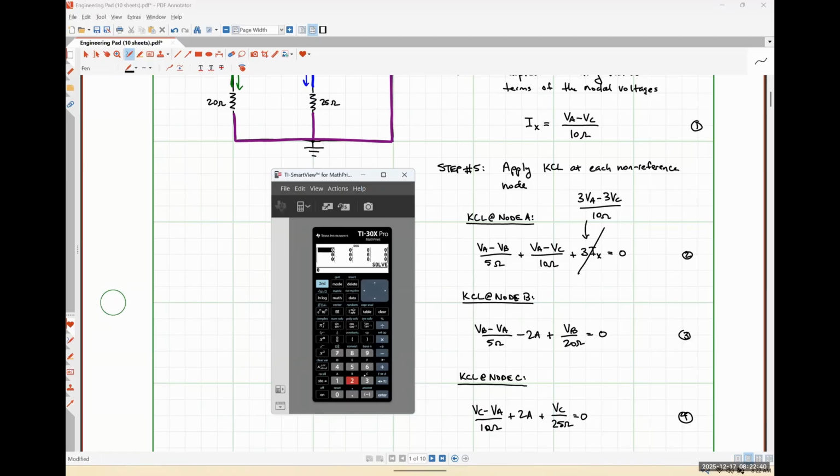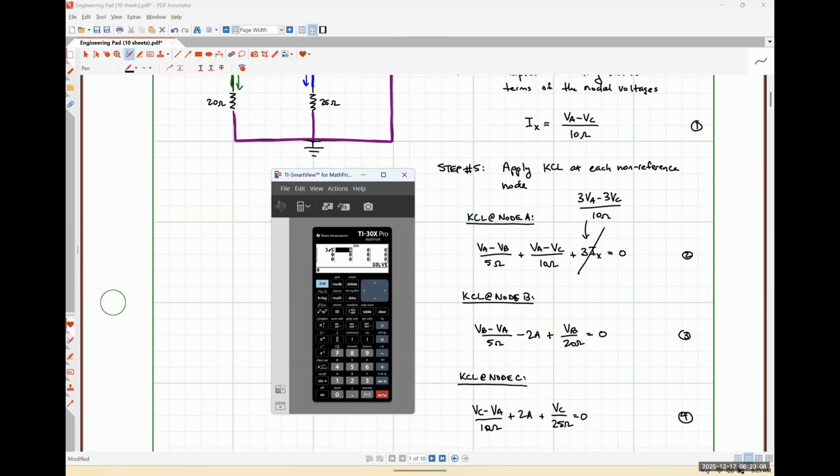Okay. So in this first row, first column, I can see the coefficient of VA is going to be 1/5 from this leftmost term, 1/10 from the middle term, and 3/10 from the right term. So I'm just going to put in 1/5 plus 1/10 plus 3/10 and press enter.